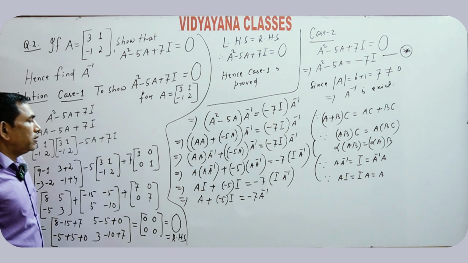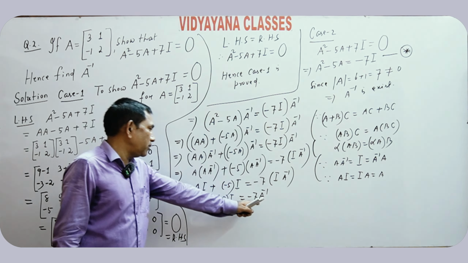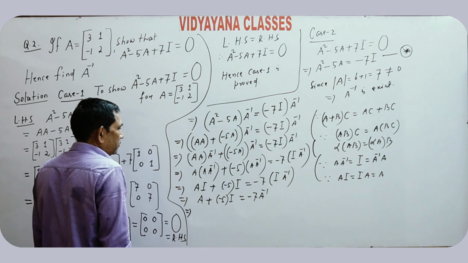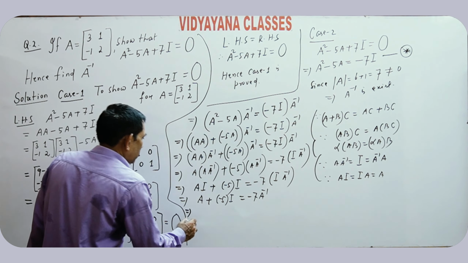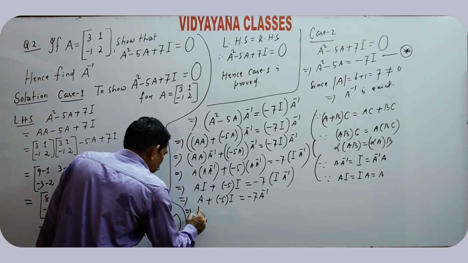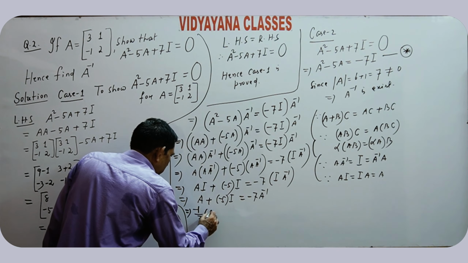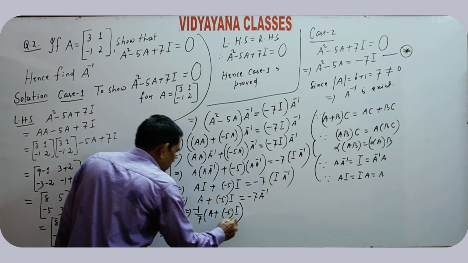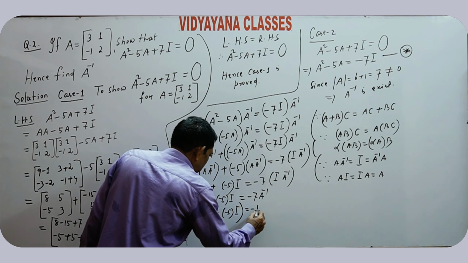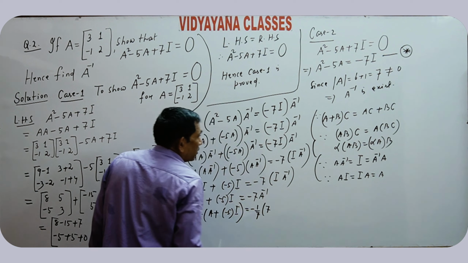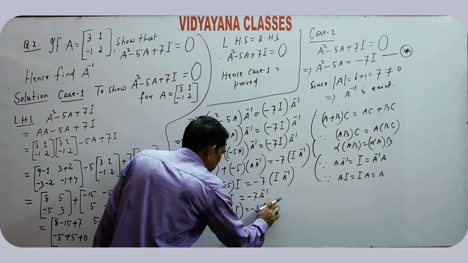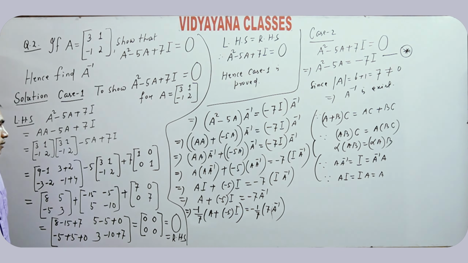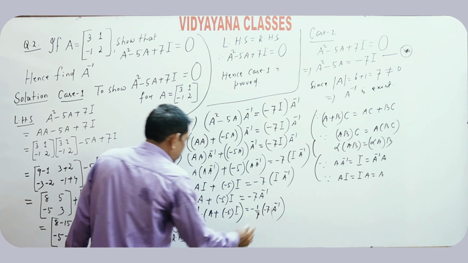We have to find out the inverse of A, which is the same as: A plus minus 5I is equal to minus 7 into A inverse.